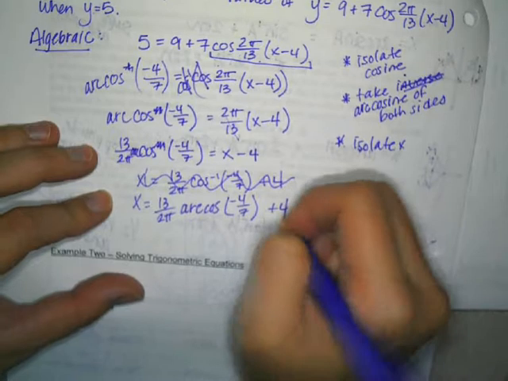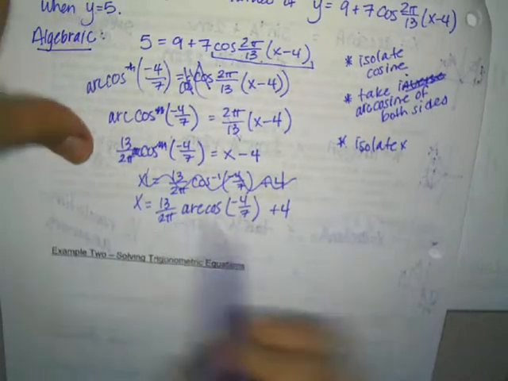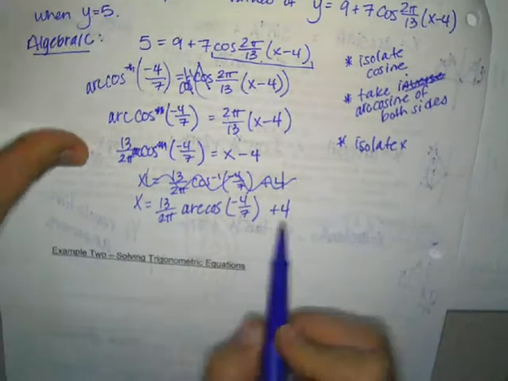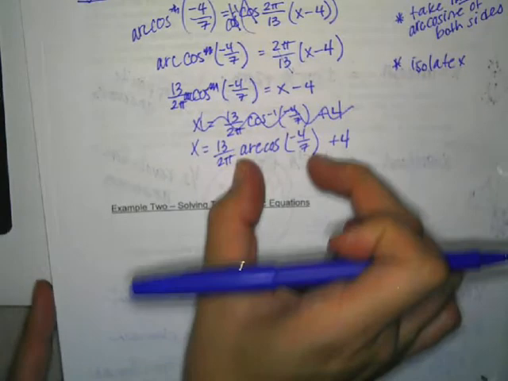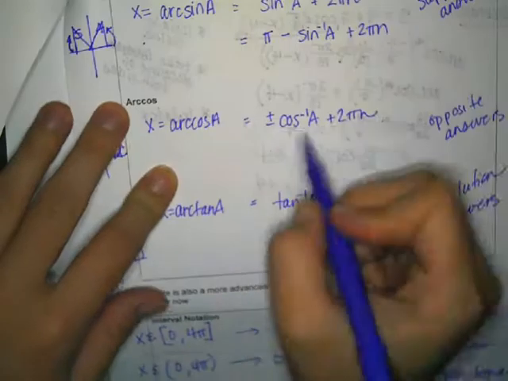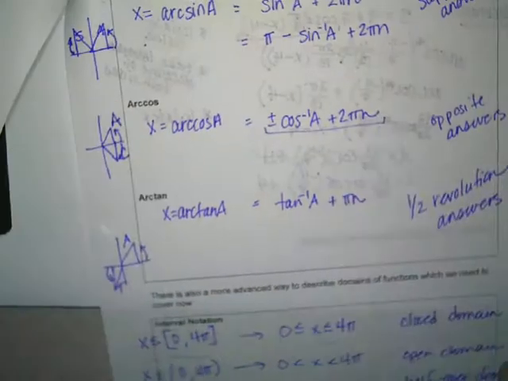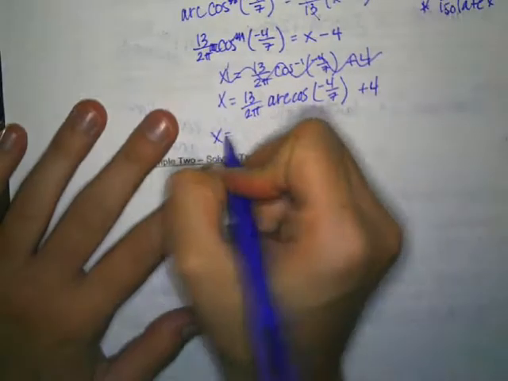Okay, the reason I want to write it like this is because this expression looks like what I have here. We have x equals arc cosine of an argument. And so this section here, this arc cosine of the argument, is going to change to be this. Okay? So the 13 over 2 pi is unaffected. It just stays put.